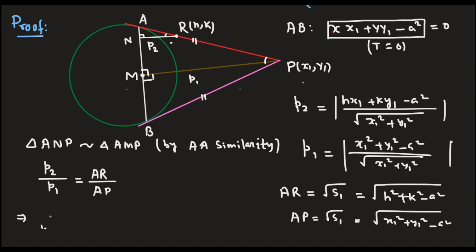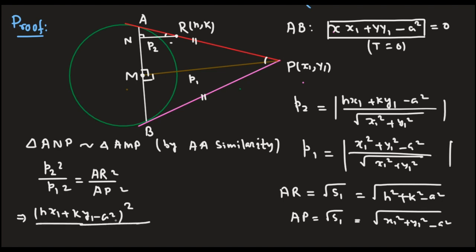All these four values I am going to put here, but before that I am taking the square so that the root sign will be cancelled. First we put the P2 value, which is h x1 plus k y1 minus a square, whole square, divided by x1 square plus y1 square.